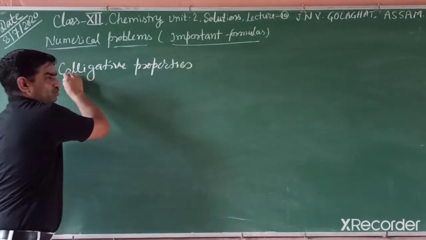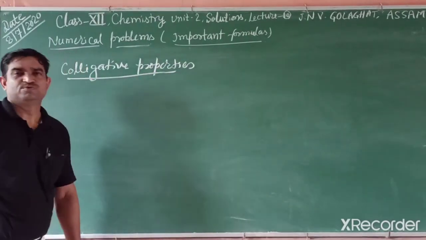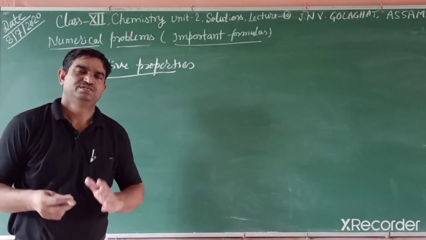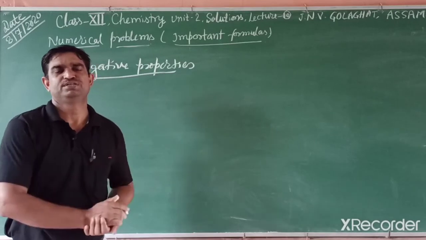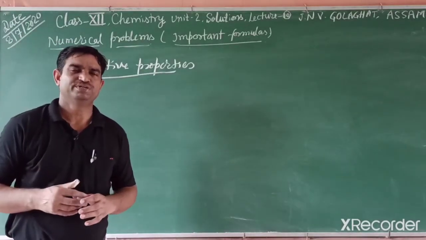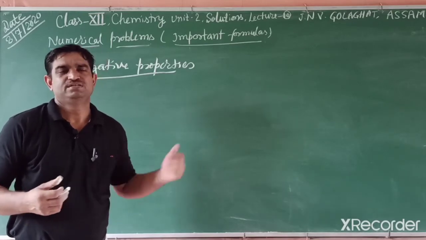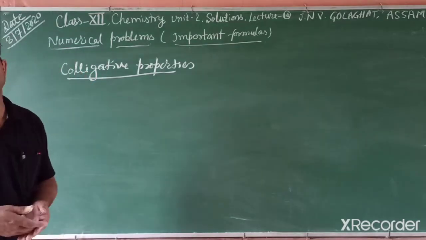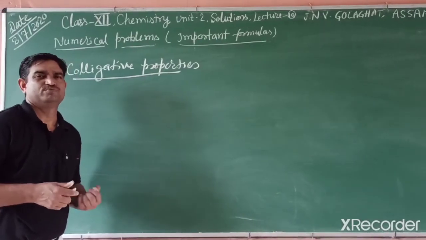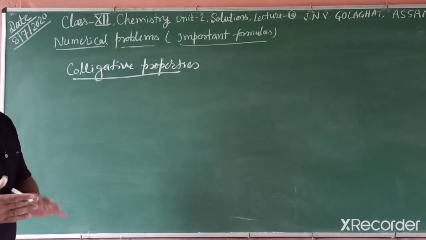Students, colligative properties depend on the number of solute particles. They do not depend on nature. If the particles increase, the property increases. In this chapter, we study four types of colligative property. The first is a case of Raoult's law: if a non-volatile solute dissolves in the solvent, then the first colligative property is the relative lowering of vapor pressure.